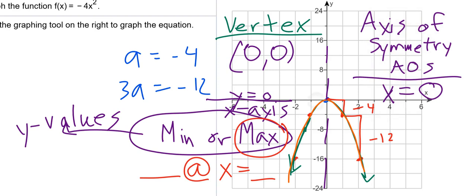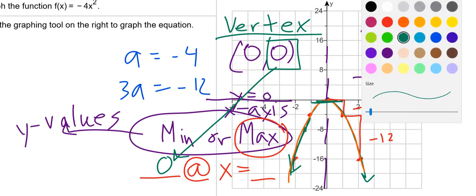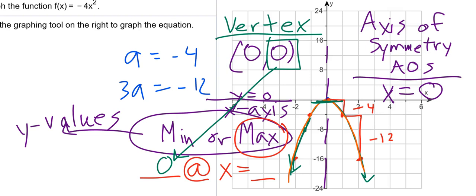So what is the highest y value on the entire graph? 0. We got that information right from here. We literally transferred that from the vertex to that answer blank down there. It was a maximum of 0. Now, the next part of the question says, at what x value? In other words, what x value causes that y value to be that way?